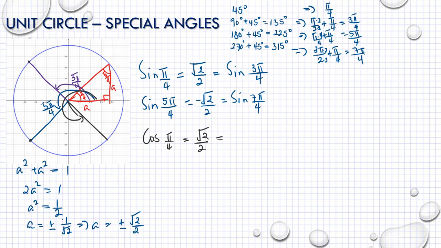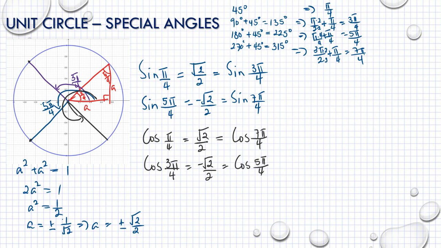But in the fourth quadrant, that is positive, cosine 7 pi divided by 4. And then we have cosine 3 pi divided by 4, that is negative square root of 2 divided by 2, which is the same as cosine 5 pi divided by 4. So that you know.